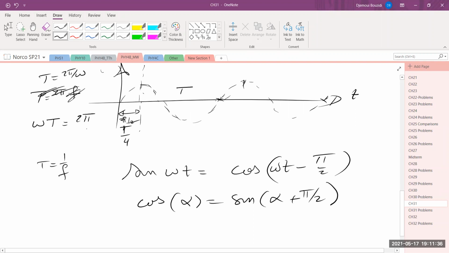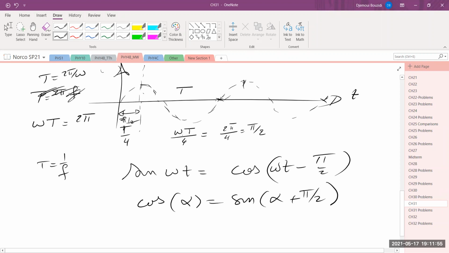So omega T is equal to 2 pi. So basically in this expression here, when you shift it by T over 4, what you have shifted in time is omega T over 4, and omega T is equal to 2 pi, so 2 pi over 4, and that is pi over 2.